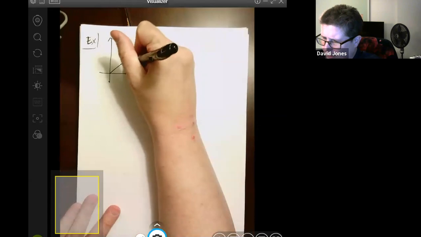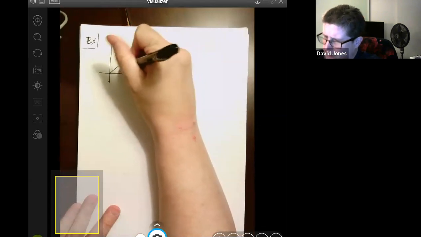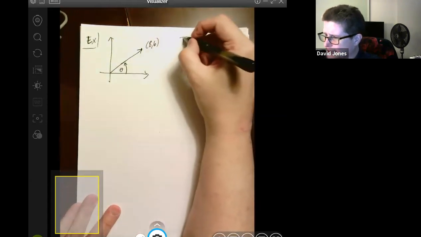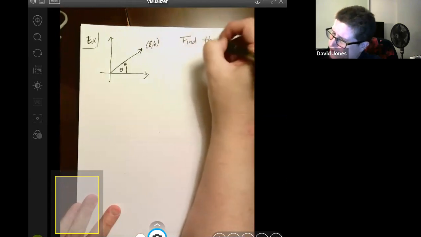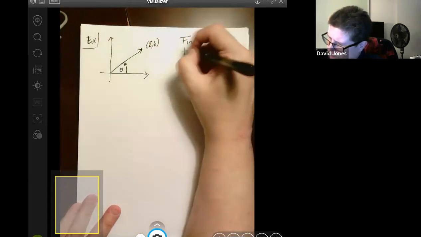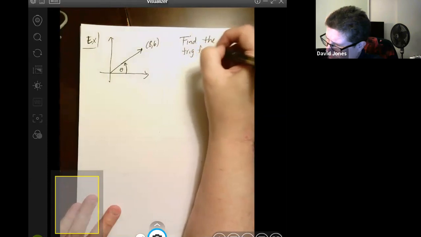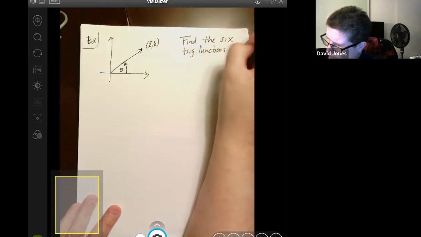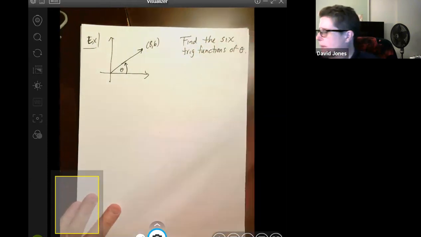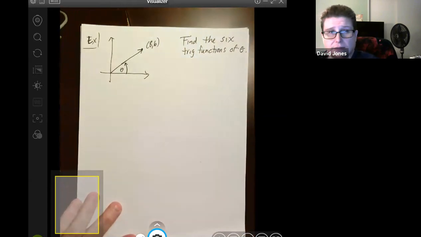This makes the angle theta. Find the 6 trig functions of theta. I'll pause and see if you can figure this out on your own. I haven't gone over it yet, so you may or may not be able to.